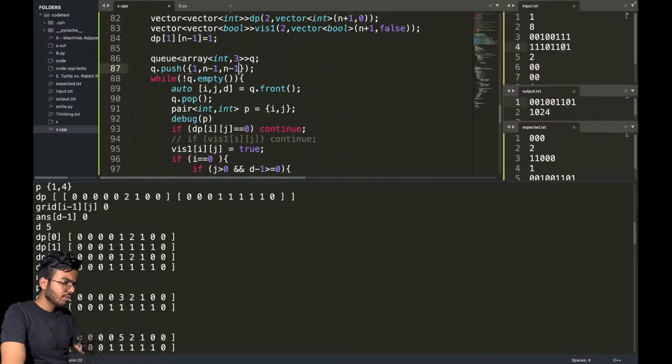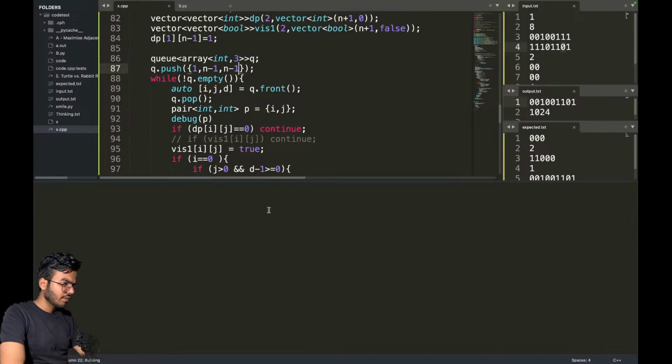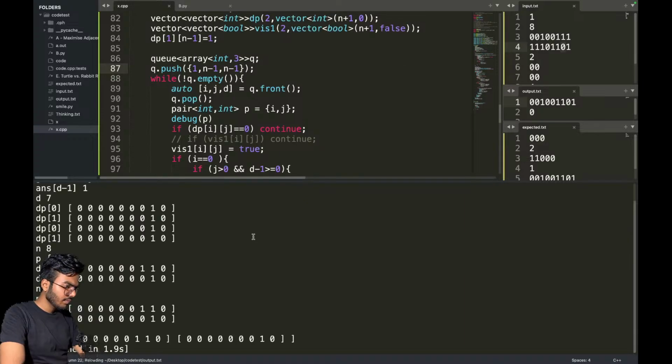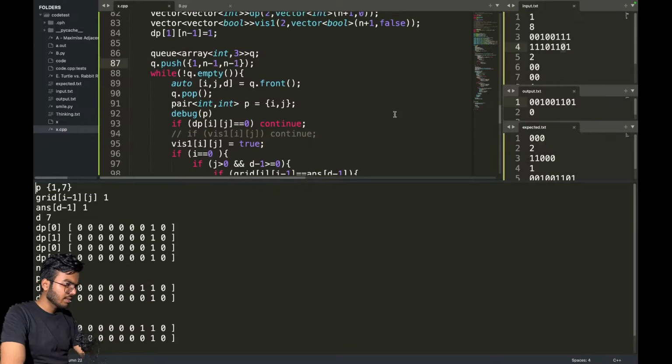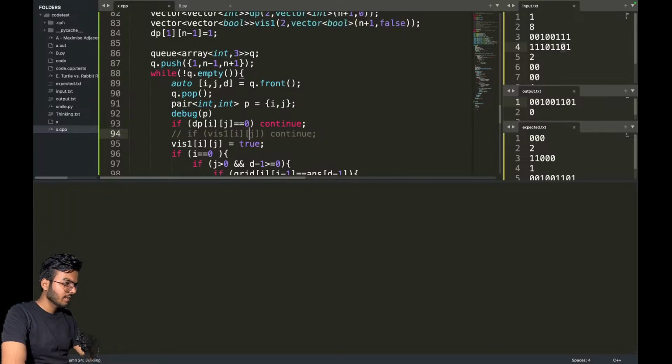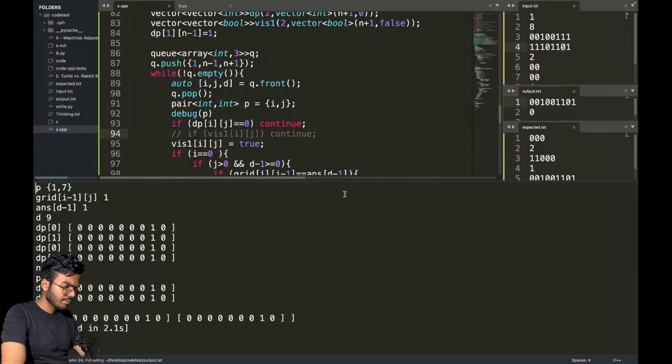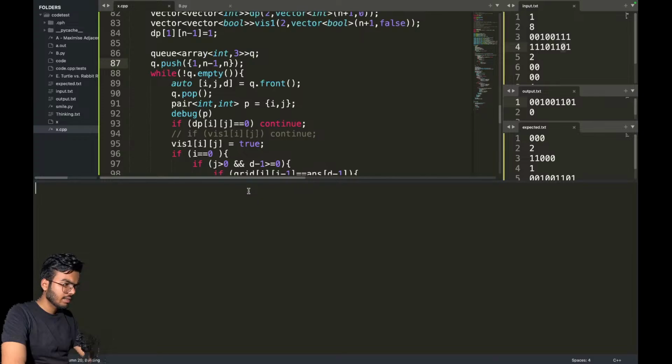Let's just go for n minus 1. Then what happens? Then we don't even get an answer. Yeah. What if we are at n plus 1? Then also we don't get an answer, which is correct.